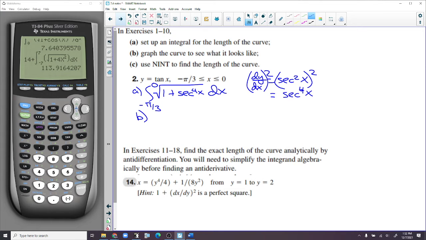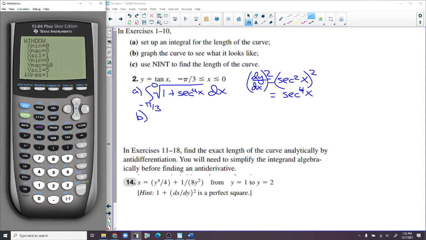All right, well, letter B, they want you to graph it. So let's go y equals tangent of x, and we're going from -pi/3 to 0. Window: -pi/3 to 0, then 1, 0.